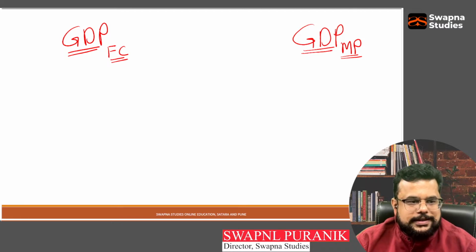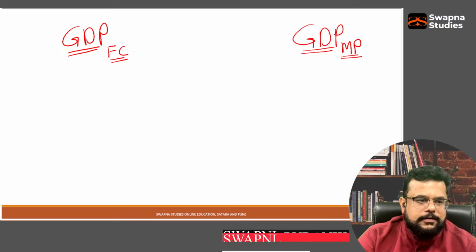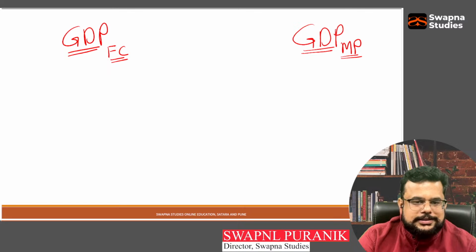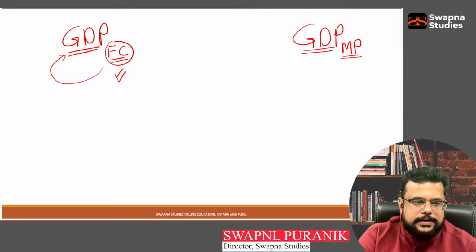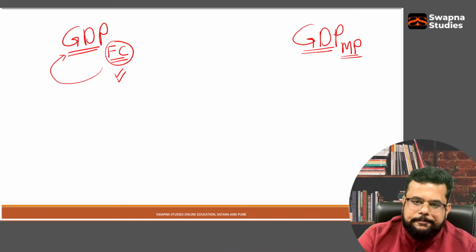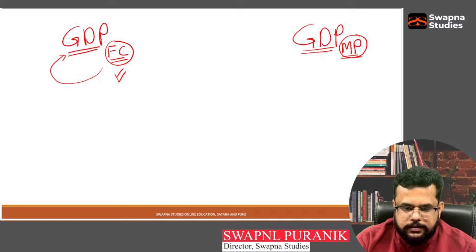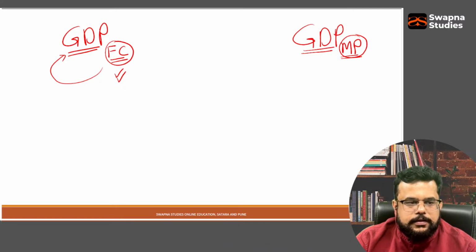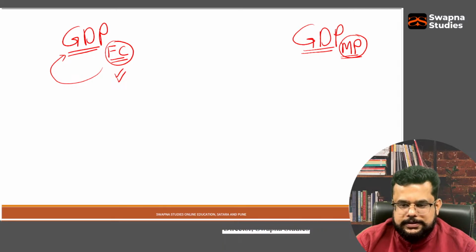Now, what is the meaning of GDP at factor cost? GDP at factor cost is GDP when it is calculated while considering all the factor cost. When only the factor costs are considered and then GDP is calculated, then it is called GDP at factor cost. When market prices are considered, let me repeat myself. Two concepts we are learning today: GDP at factor cost and GDP at market price.